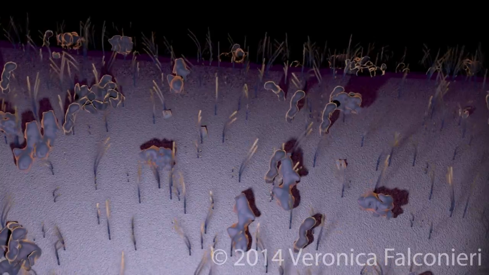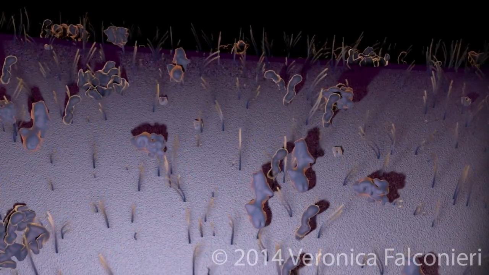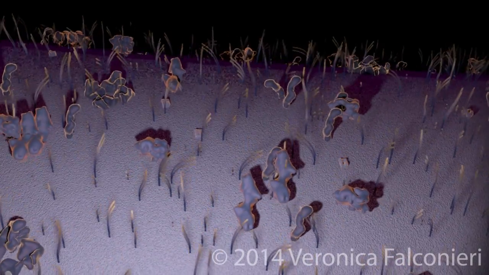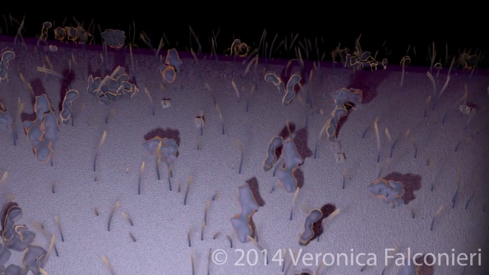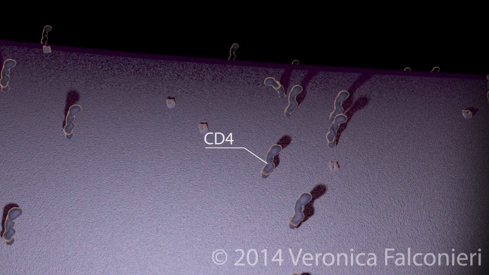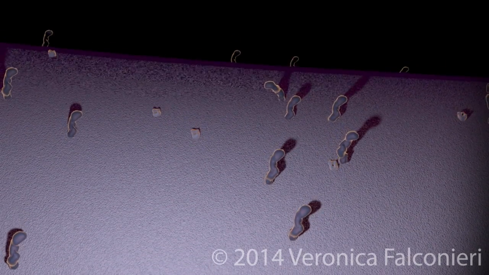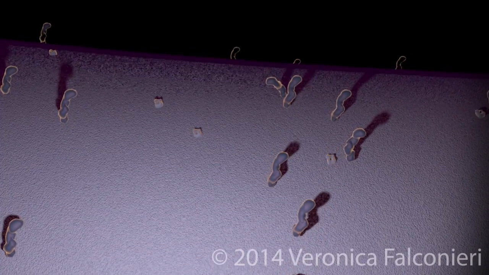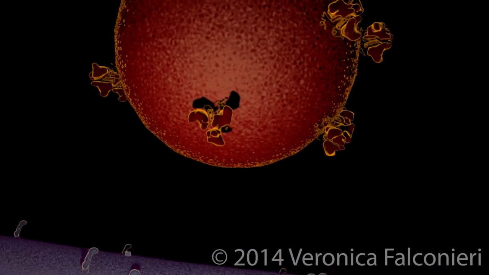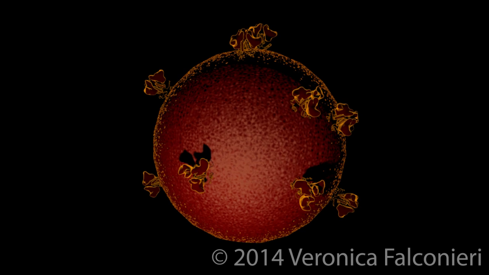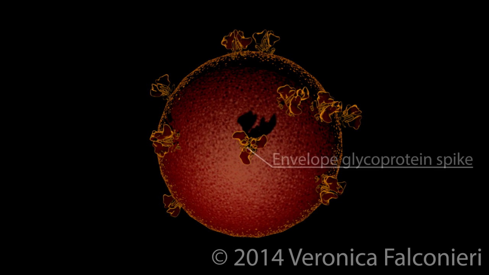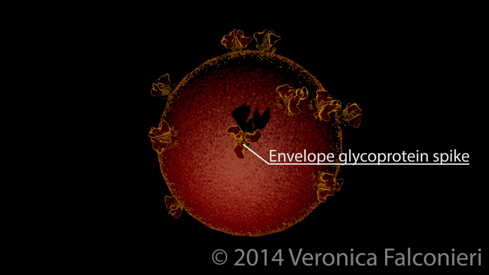The helper T cell is HIV's ideal target because the membrane has two molecules that it needs to enter the cell, CD4 and CCR5. The T cell normally uses these molecules to interact with other immune cells. On HIV's own membrane is its only surface protein, the envelope glycoprotein spike.